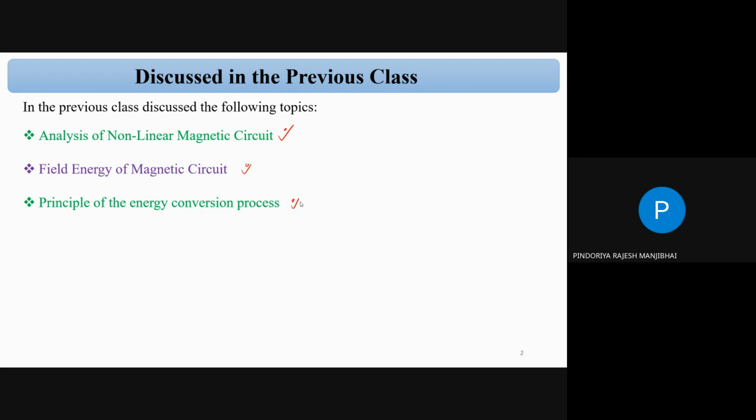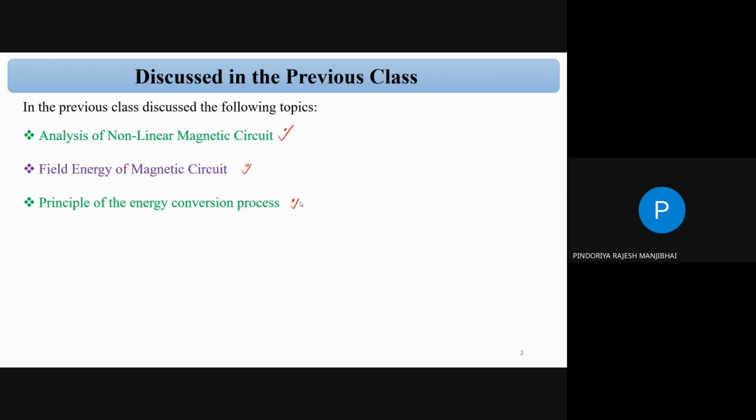So basically we have two devices, motor and the generator, and that is under the one umbrella, that is machines, correct? So we can say machines is nothing but conversion of the energy from electrical to mechanical, otherwise mechanical to electrical.